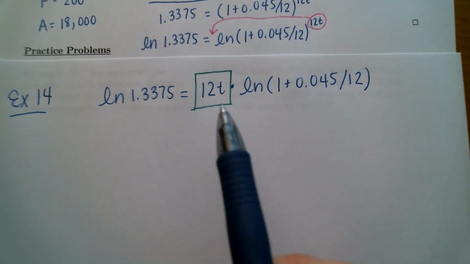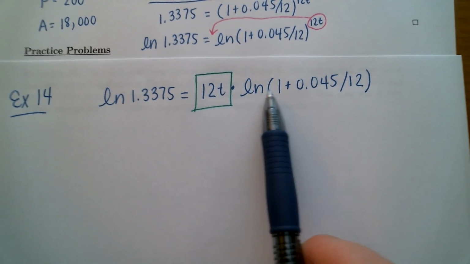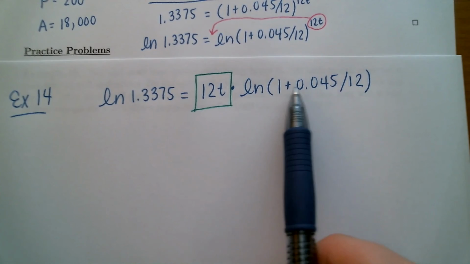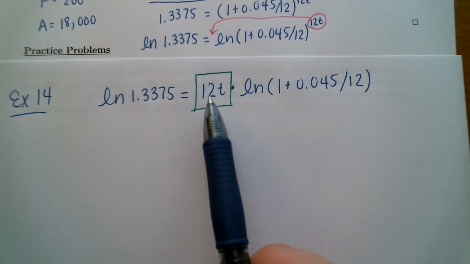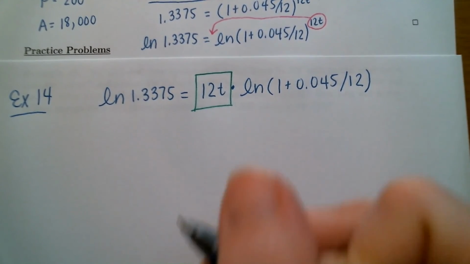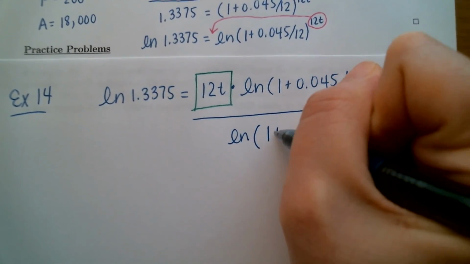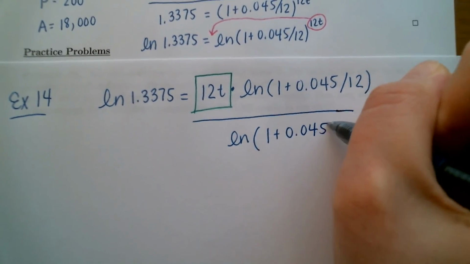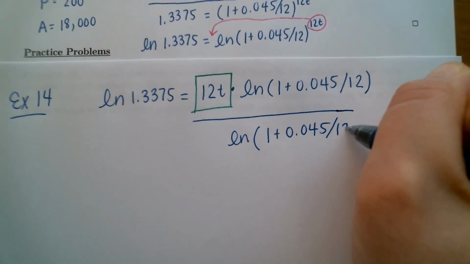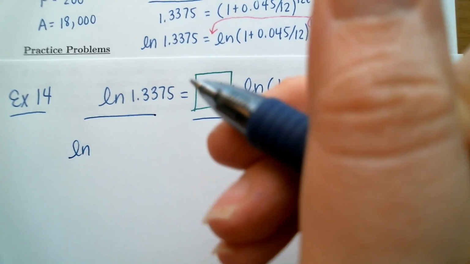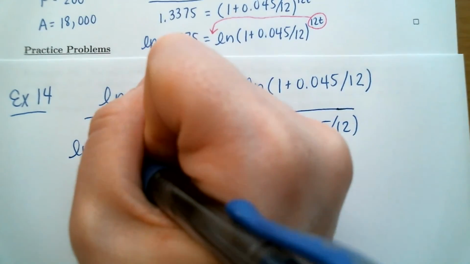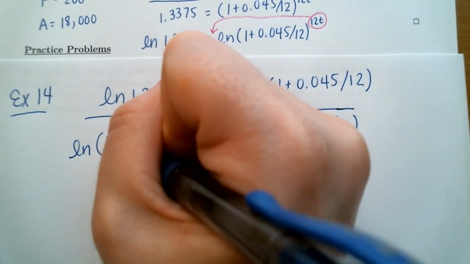Okay, so since we're multiplying 12t by this logarithm, we need to divide this logarithm off in order to get 12t isolated. So we're going to divide both sides by this logarithm. Whatever you do to one side, you have to do to the other. So it's going to look like this.